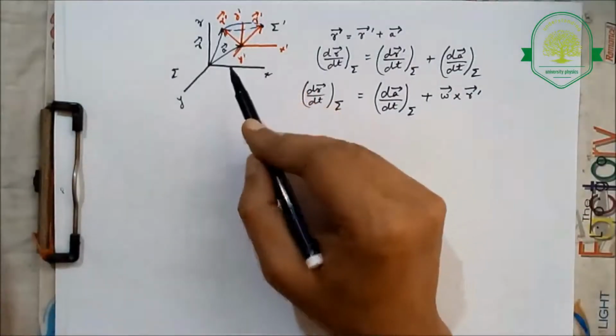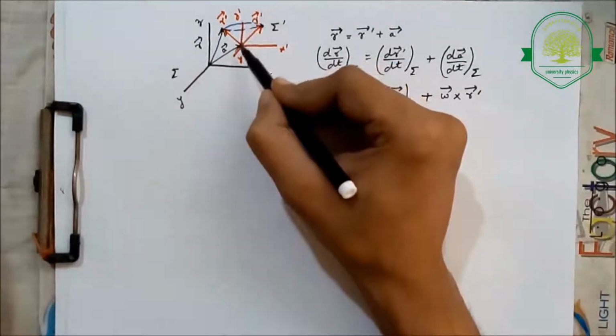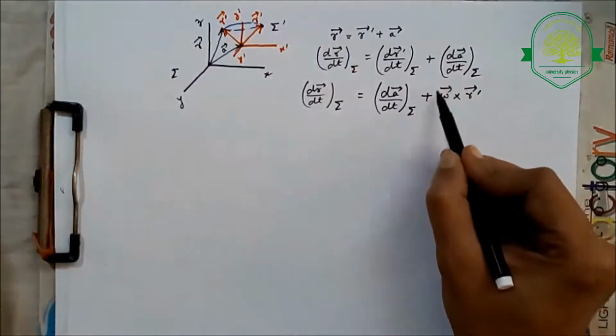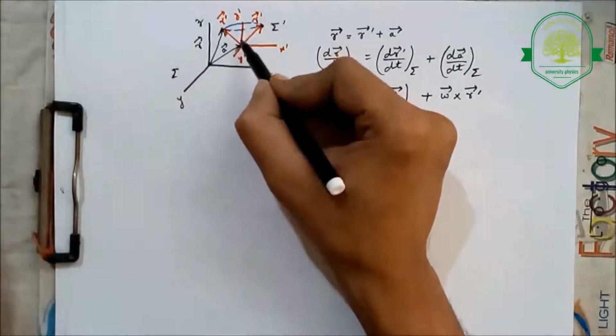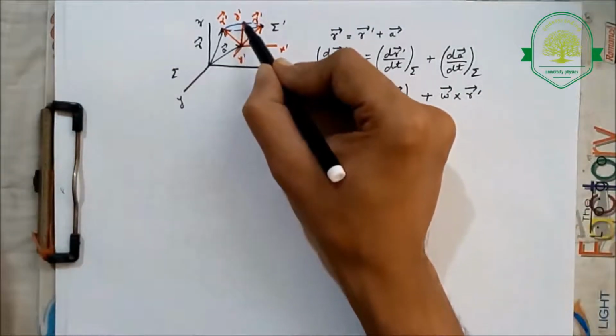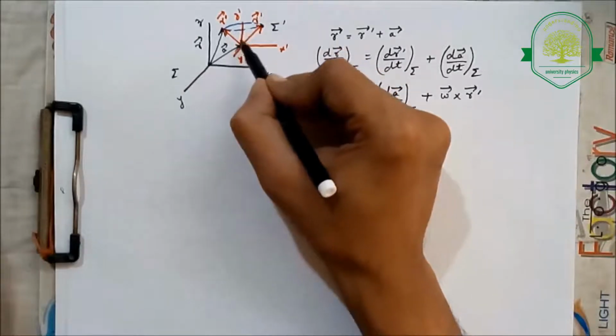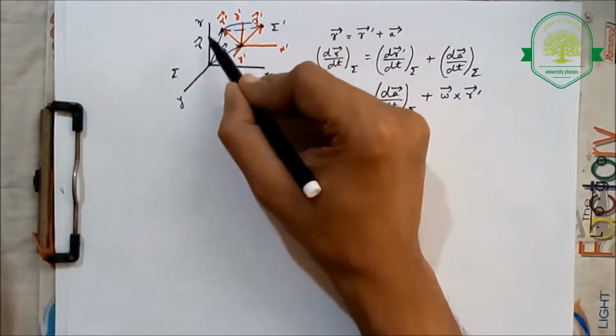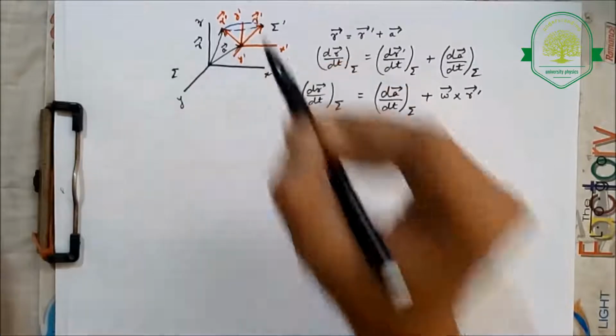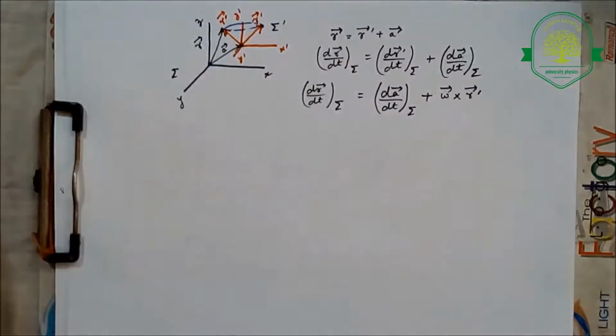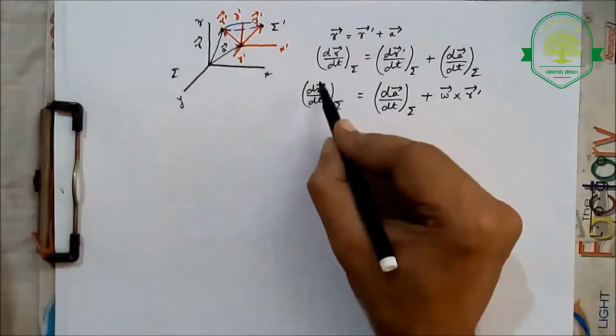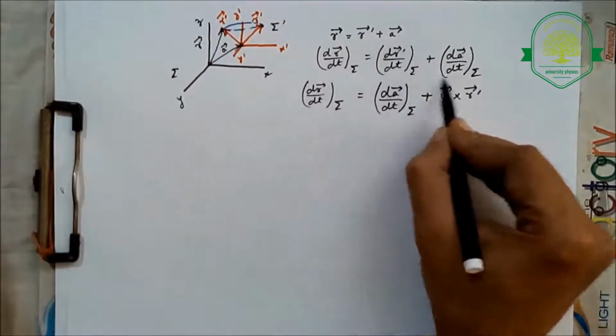Both frames of reference agree as to what the omega vector is. They also agree on the description of omega, because omega lies along the z axis, and z prime and z are oriented along the same direction. So in place of this we can substitute this.